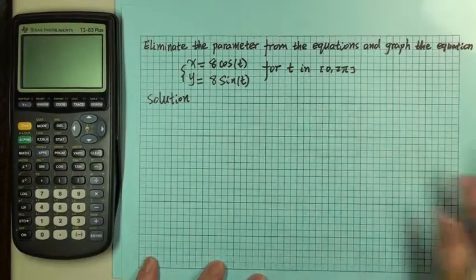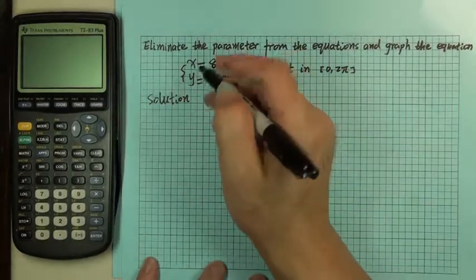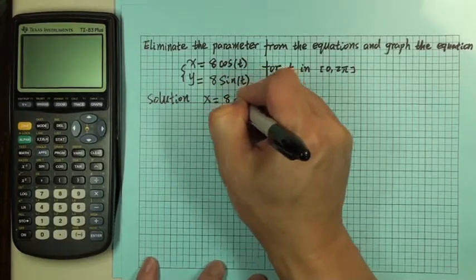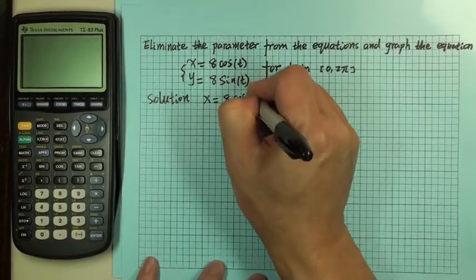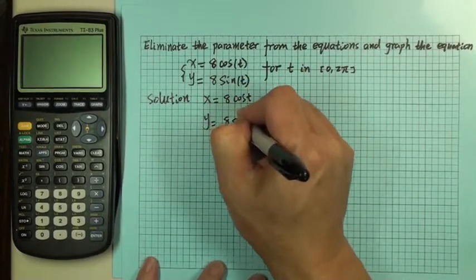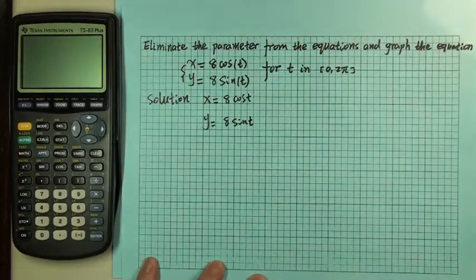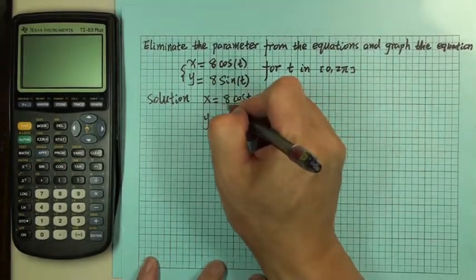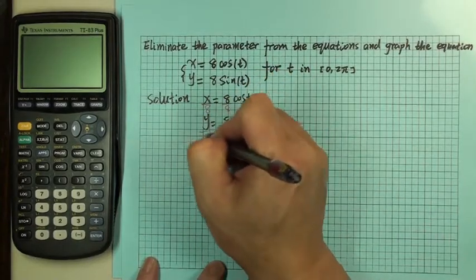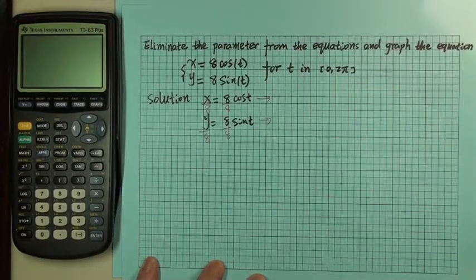What you want to do is, from x equals 8 cosine t, y equals 8 sine t, both sides divided by 8.